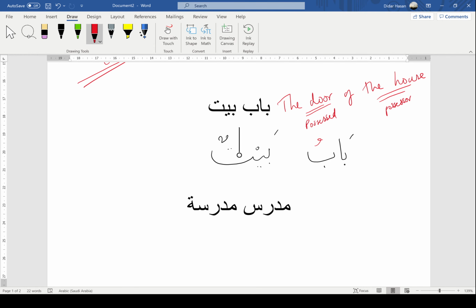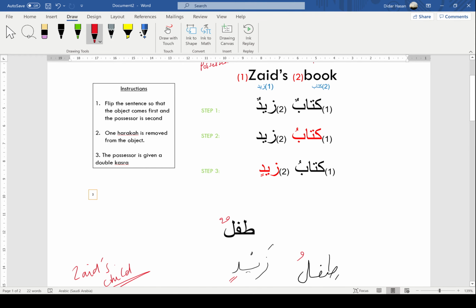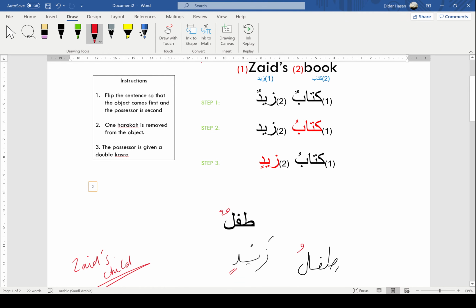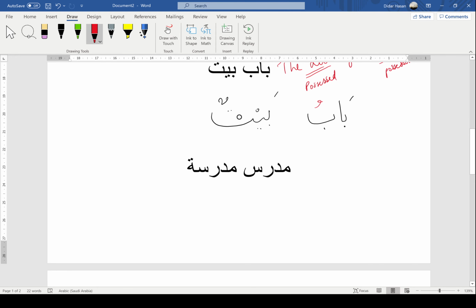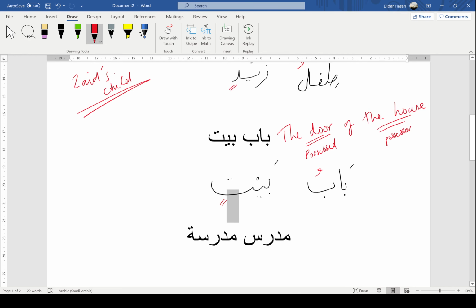And step 3 is the possessor is given a double kasra. So from baytun I remove the double dhamma and I give it double kasra. Except there's one thing wrong with this.